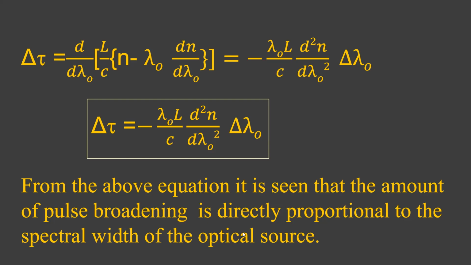Even though we said that the laser source is a monochromatic source, actually it is having some spectral width. So because of that spectral width of the optical source, this time dilation is there. Because of this time dilation, there is a broadening of the signal at the output, or at the other side of the optical fiber.